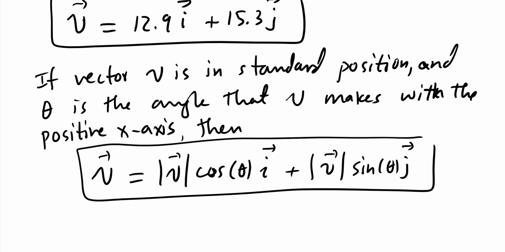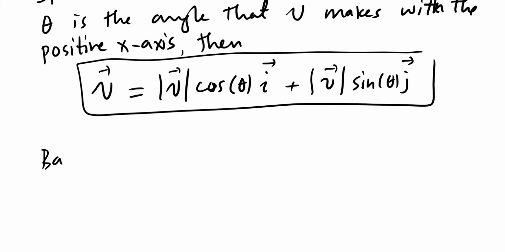Theta is given and the magnitude of v is given. So you just find each one and then combine it to get something that looks like this box formula. But if you know the box formula, you can go straight forward and substitute the values in.